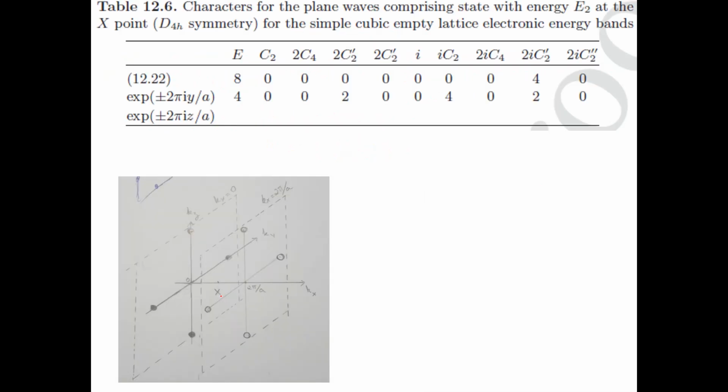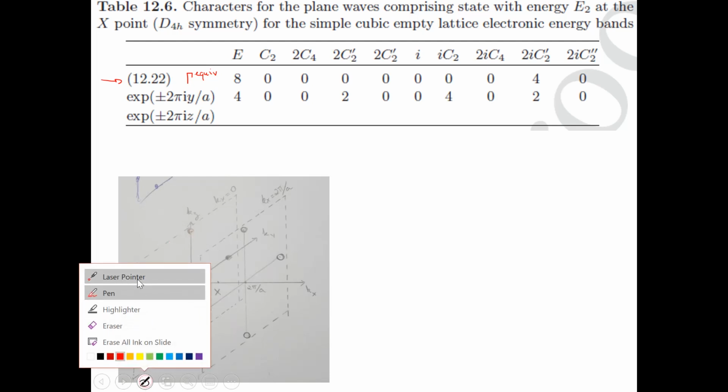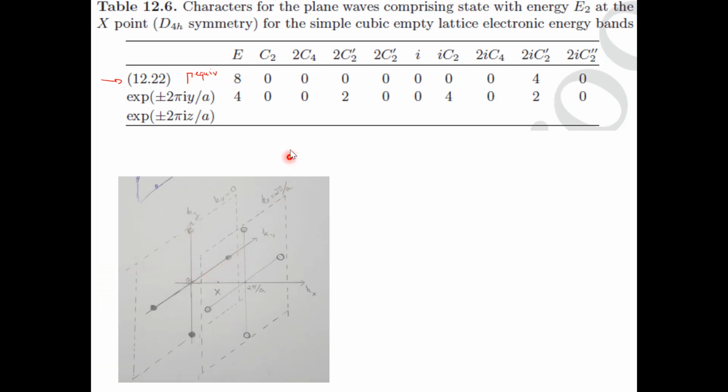All right, so the next step, as we did last time, is to obtain the equivalence representation. So the characters for the equivalence representation for this set of 8 plane waves are obtained by considering how many plane waves remain invariant when I apply all the different symmetry operations of the group.